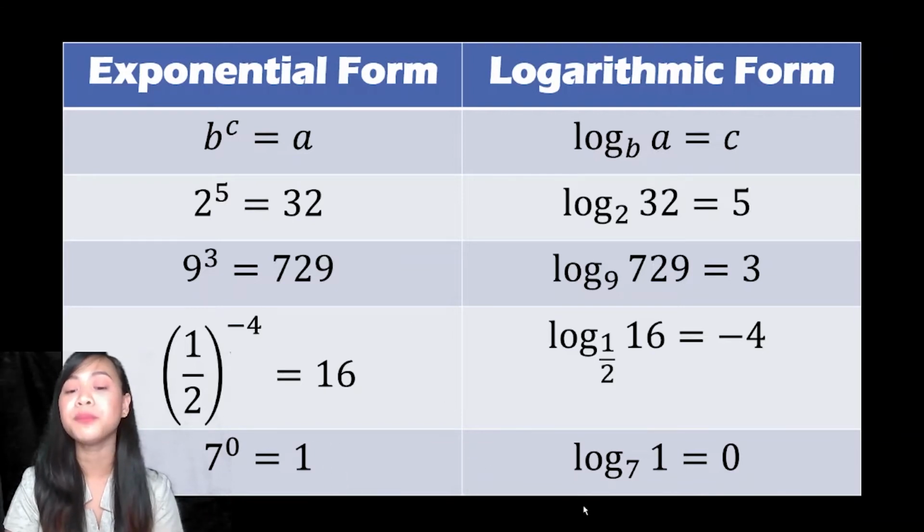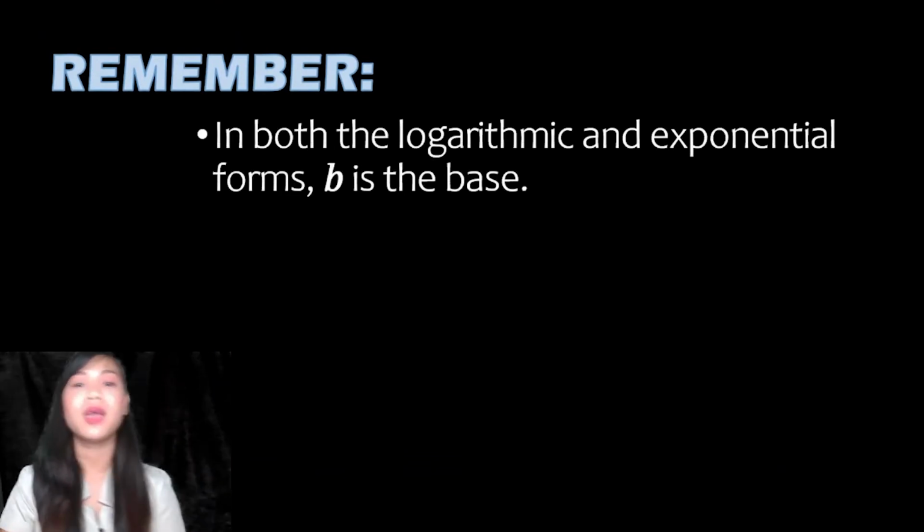Next, in logarithmic form, we have log base 7 of 1 equals 0, since our exponent is 0. Now we need to remember the following statement: in both the logarithmic and exponential forms, B is the base.